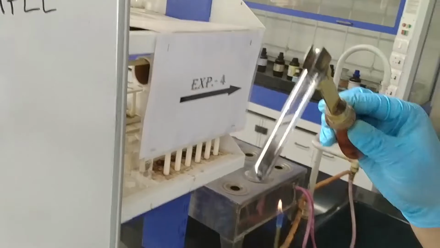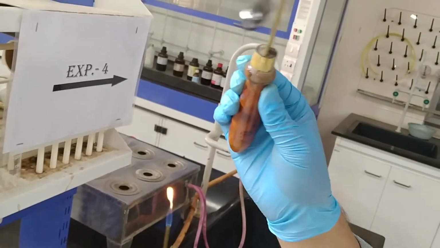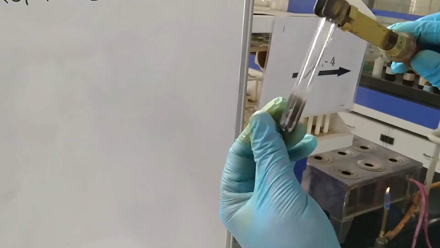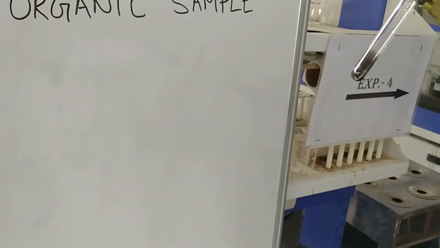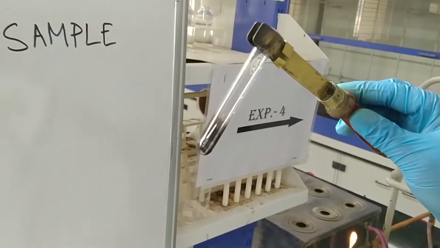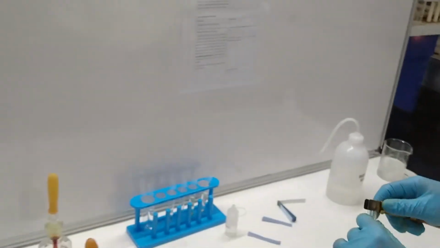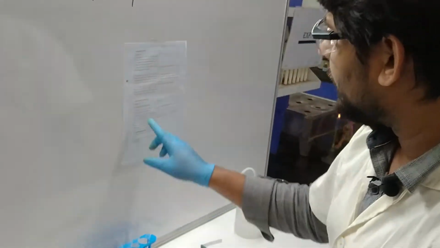Okay, a good silver mirror has come. So that means this one is positive. Okay, so now our first confirmatory test is over. The first test is the oxidation test, and that is over.